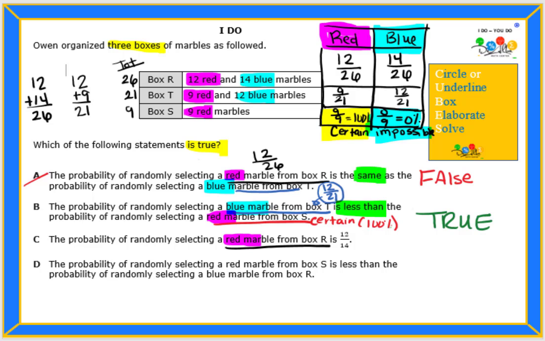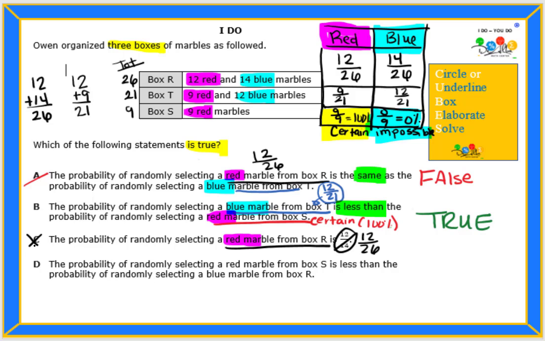We have our probability for red from box R. We said 12 out of 26. So what do you think they did wrong? Yes, they just put the red on top and the blue on bottom. We don't do that for probability. The bottom is always the total of all of the possibilities that could happen. So this is definitely wrong.